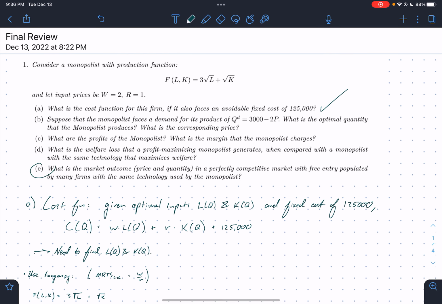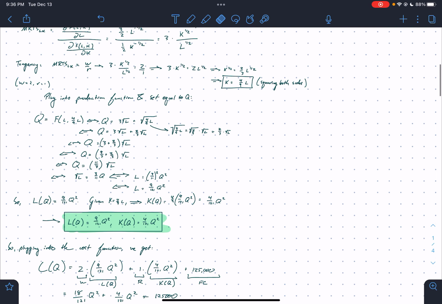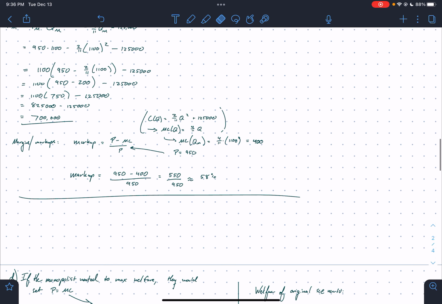No, okay, one more. Never done. Okay, so competitive market, free entry, many firms with the same technology used by the monopolist. So here what we're going to do is use the minimum average avoidable cost.